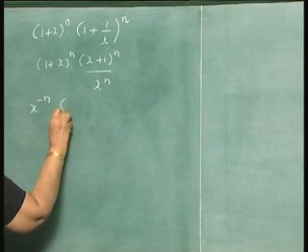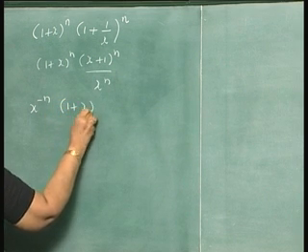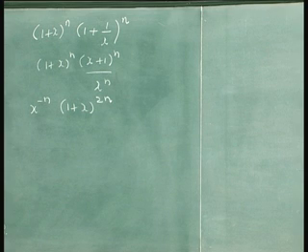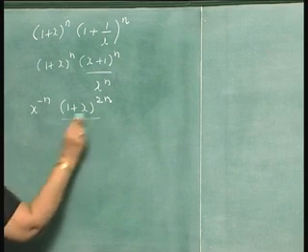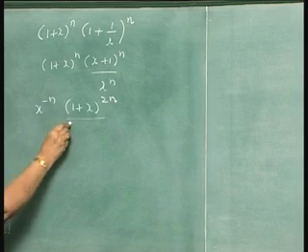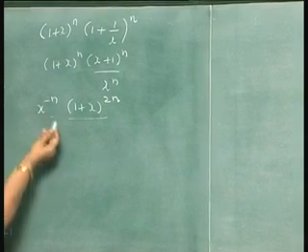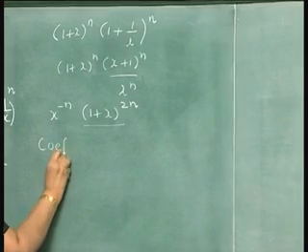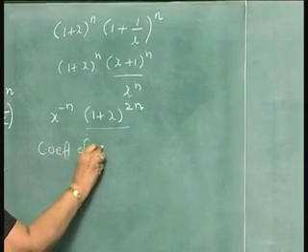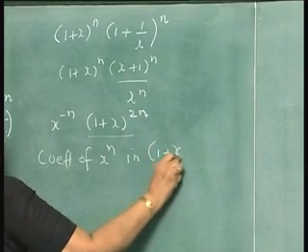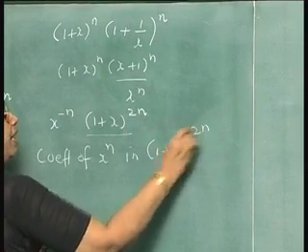In this expression, if you take the coefficient of x power n, when you multiply it by x power minus n, you get a constant term. So, what is the coefficient of x power n in (1 plus x) power 2n? The coefficient of x power n in this is 2nCn.